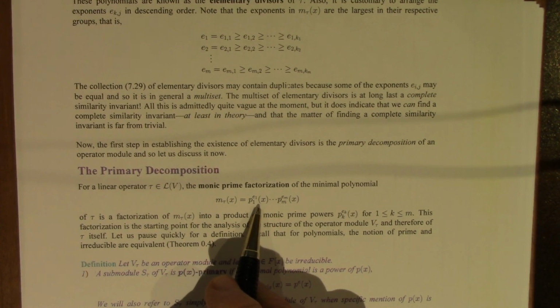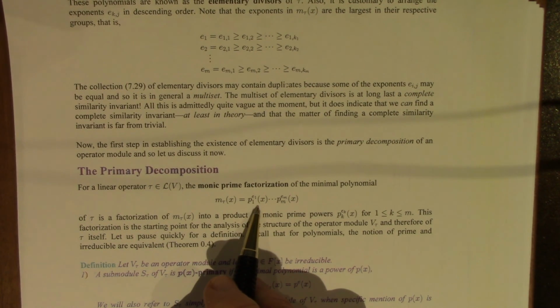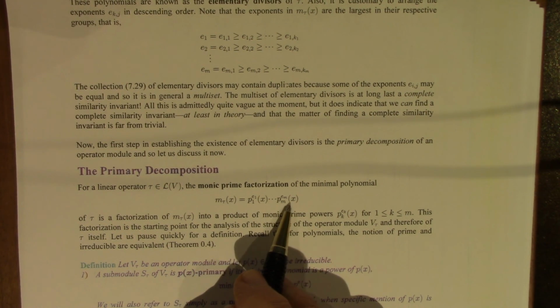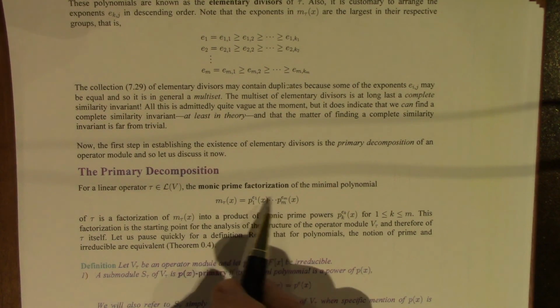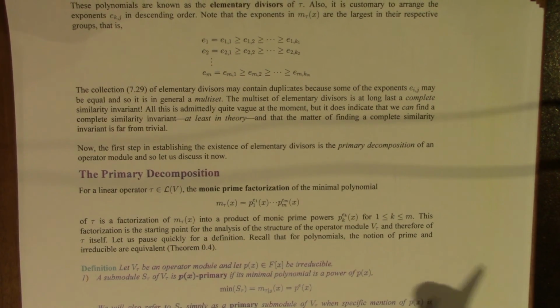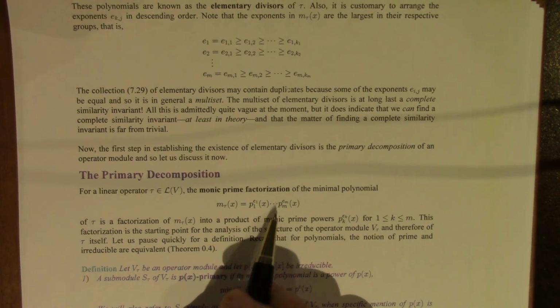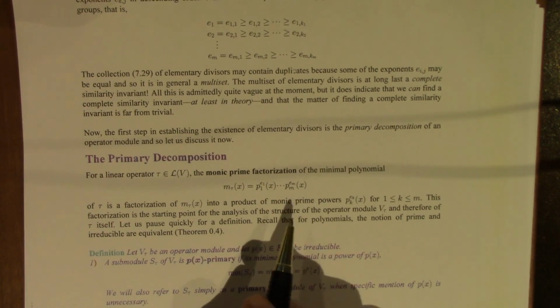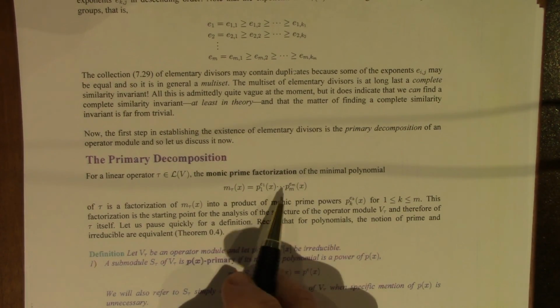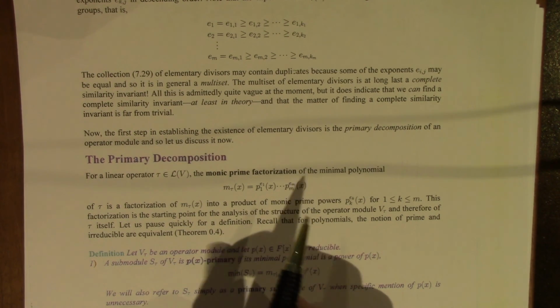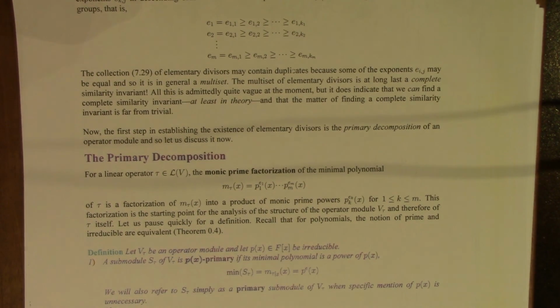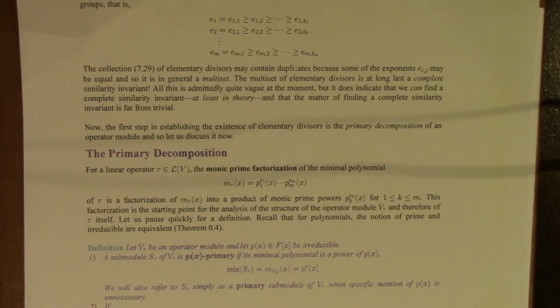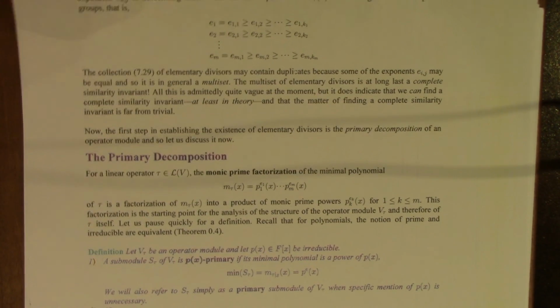Irreducible and prime are equivalent, so you can think of this as the prime factors, powers of prime factors, or powers of irreducible factors. It's the same thing. That's going to be the starting point, starting in the next lecture, for our journey into the structure of linear operators and canonical forms.